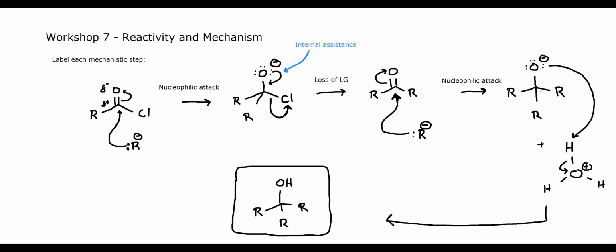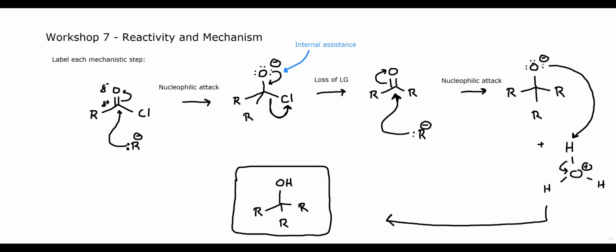So again, we get this tetrahedral complex here. Now we have 3 R's connected to that carbon, as well as 1 O minus.